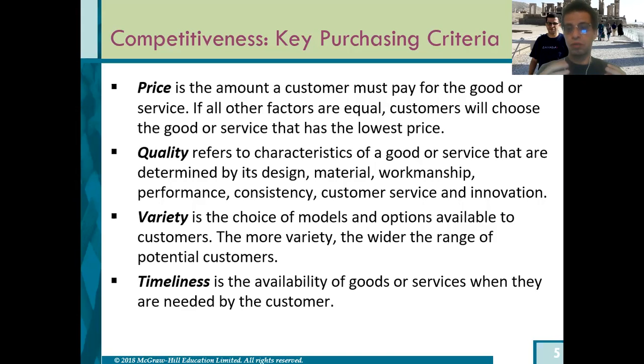Procter and Gamble has 3,500 products in the market with different names, like different soaps, different shampoos, different toothpaste. And then timeliness is the availability of goods or services when they are needed by customers.